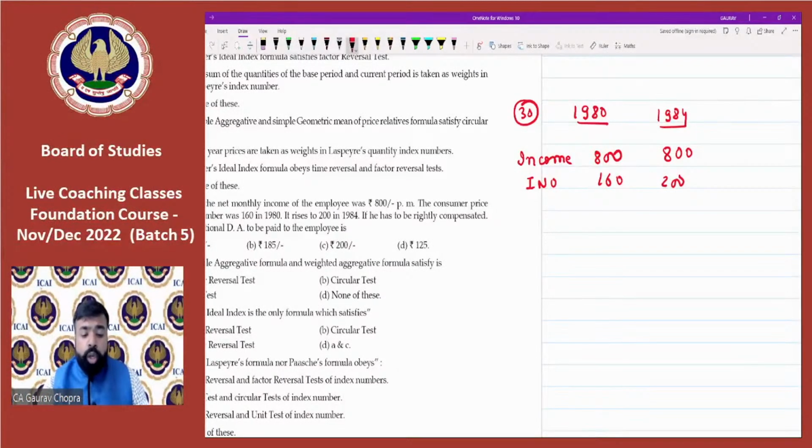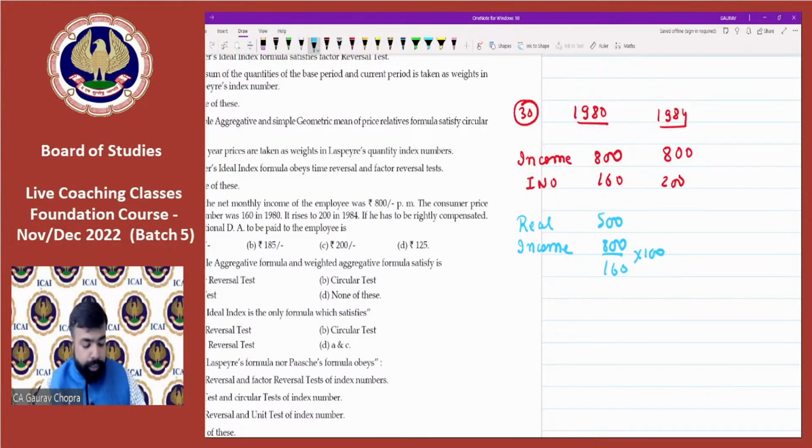For this, always find out the real income, or real wages. So here what will be the real income? 800 upon 160 into 100. So it is coming as 500.